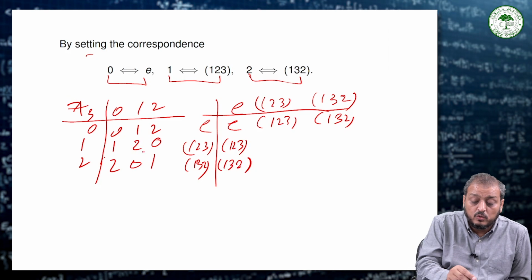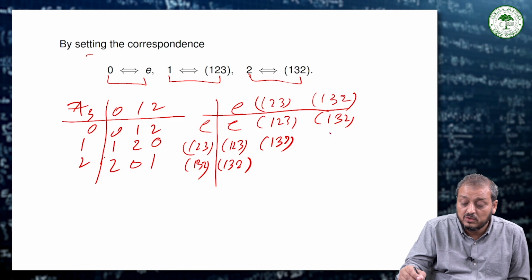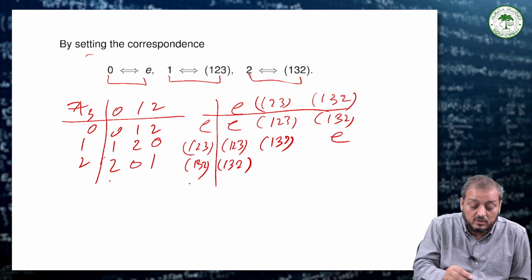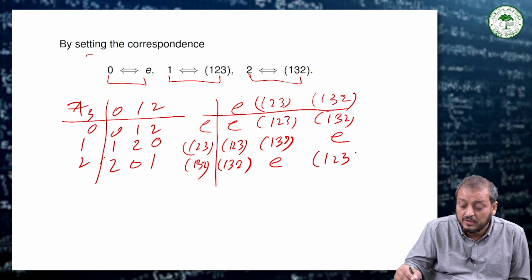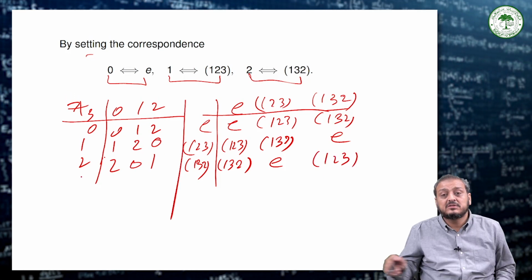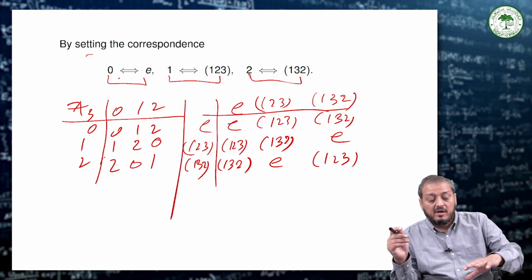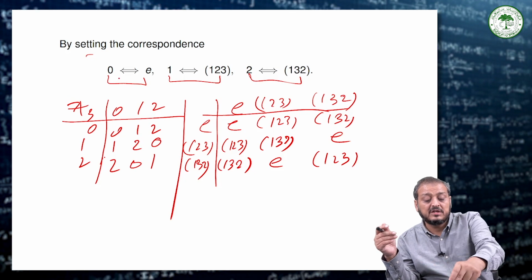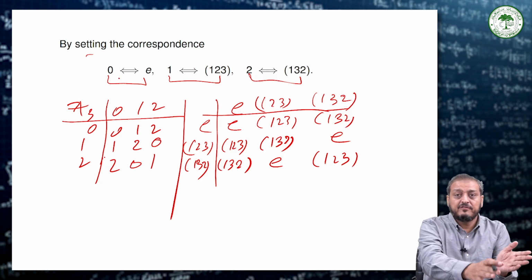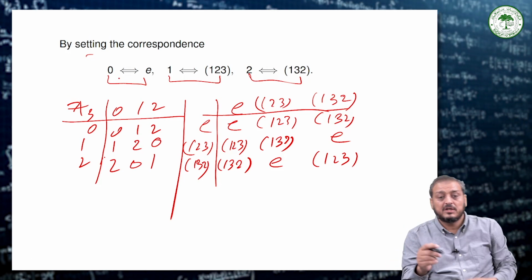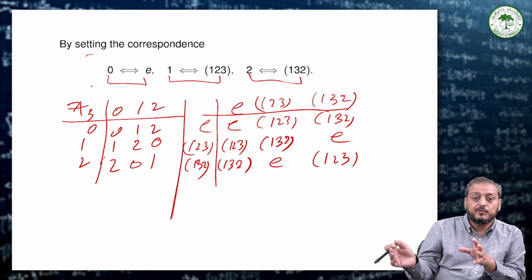Now you see if these two tables look identical. If in place of this identity we write 0, and in place of this 1, we get this table, and if we write in this form, we get this table. So that means clearly there is a one-to-one correspondence.